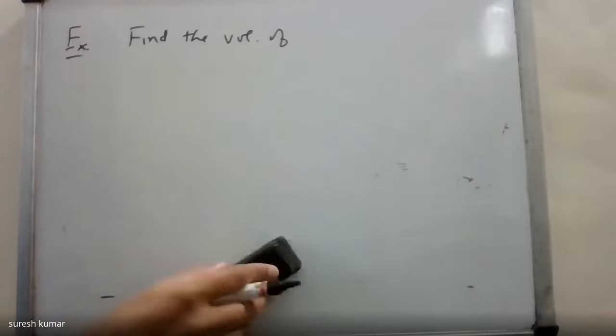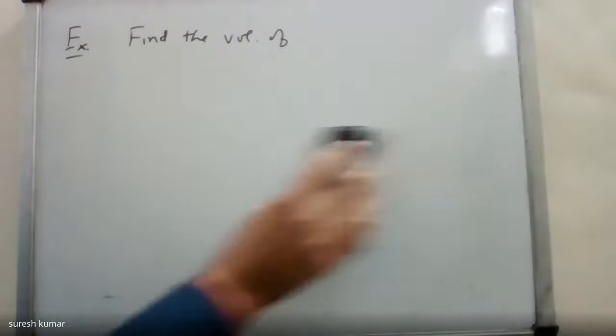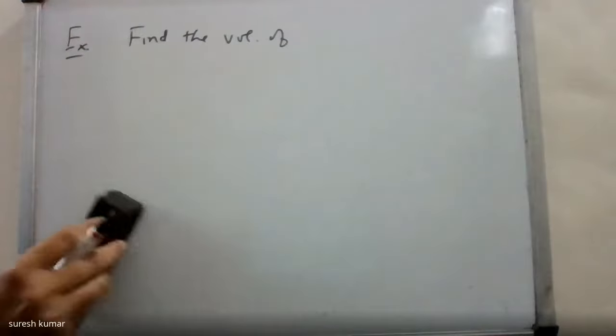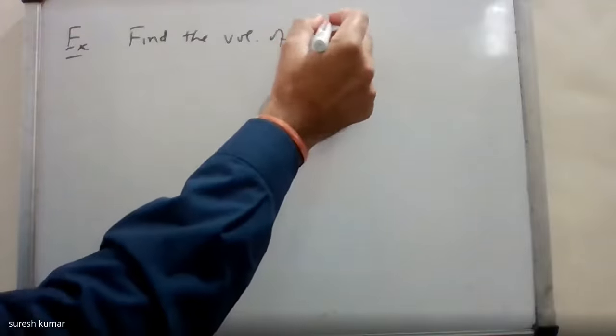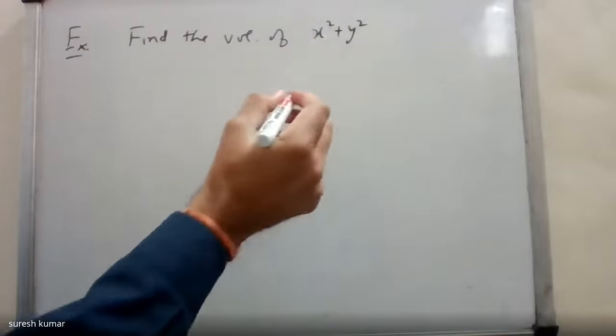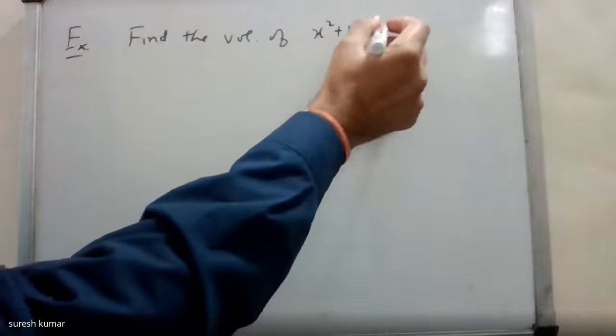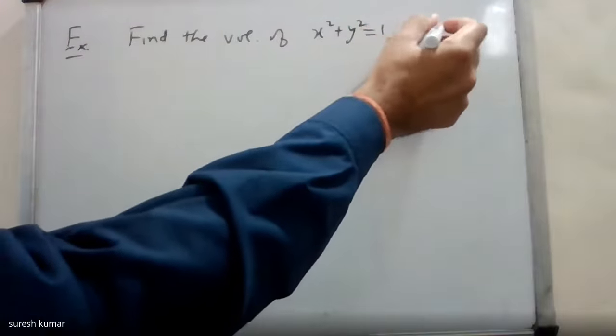Alright, let's see one more problem on volume. Find the volume of the cylinder x square plus y square equal to 1, z greater than or equal to 0.